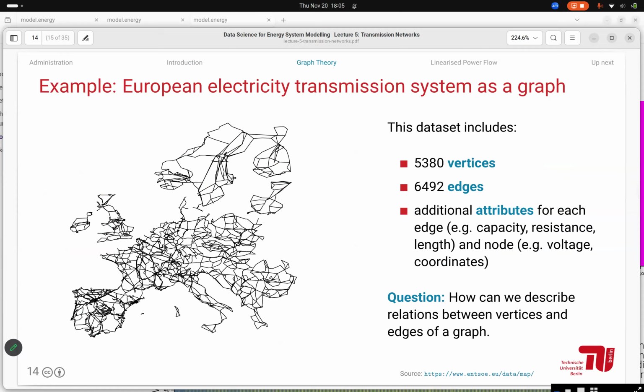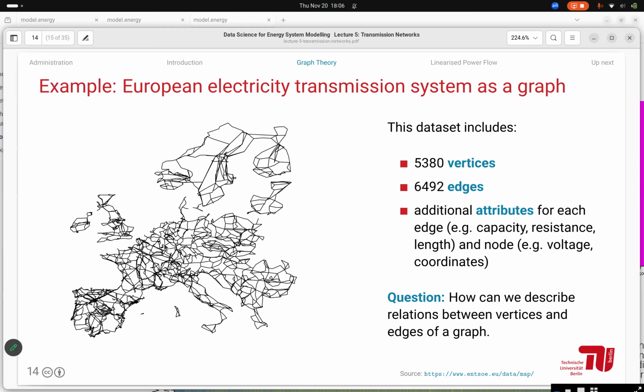If you take the European network we looked at before, you have something like 5,400 vertices, 6,500 edges, and each of these edges, and also the nodes, can have some additional attributes. For example, what the capacity is, what the electrotechnical parameters are, what their length is, what their voltage is, or what their coordinates are. And this is the foundation for calculating the power flows in the end.